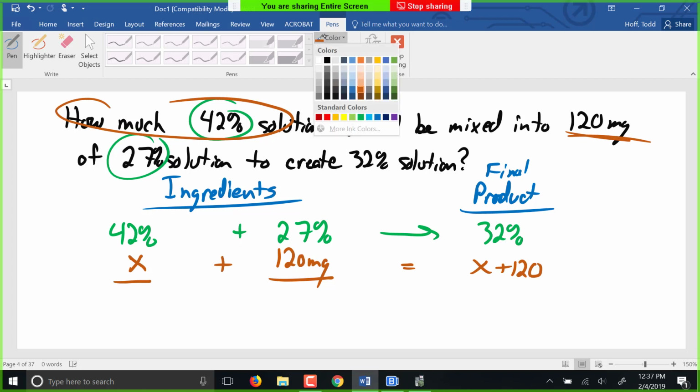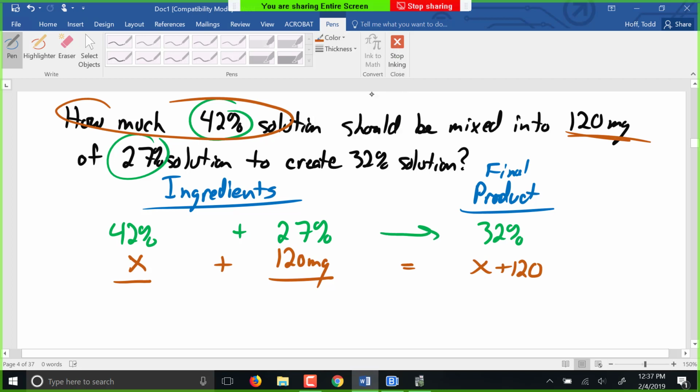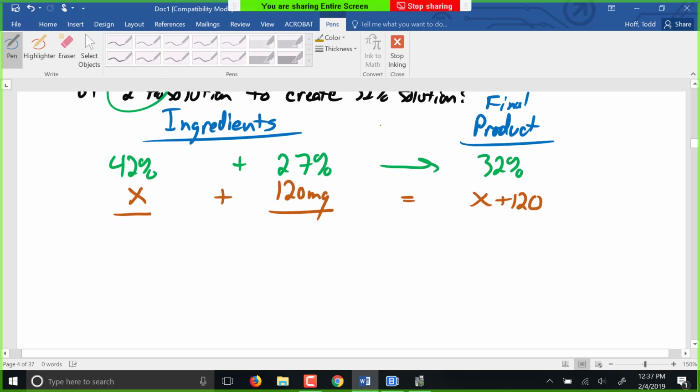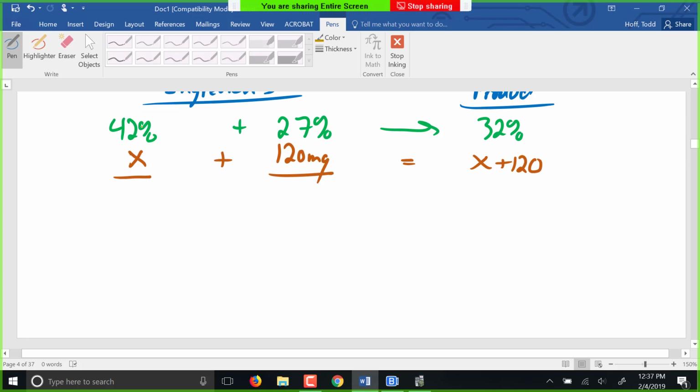So the amount of the final product is just the two ingredient amounts added together. So the amount of active ingredient, or the amount of chemical medicine, if it's a medical application, in a solution, is the concentration, or the percent as a decimal, times the amount.